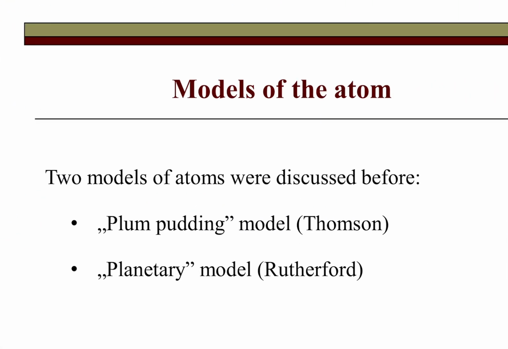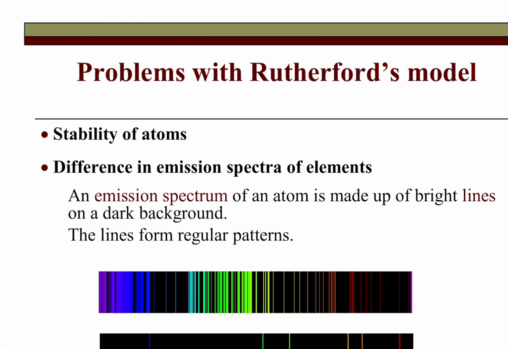Models of the atom: in the last lecture we studied two models of the atom, the Pauli model and the planetary model for studying the electron and the nucleus. Now we go to the problems with the Rutherford model.